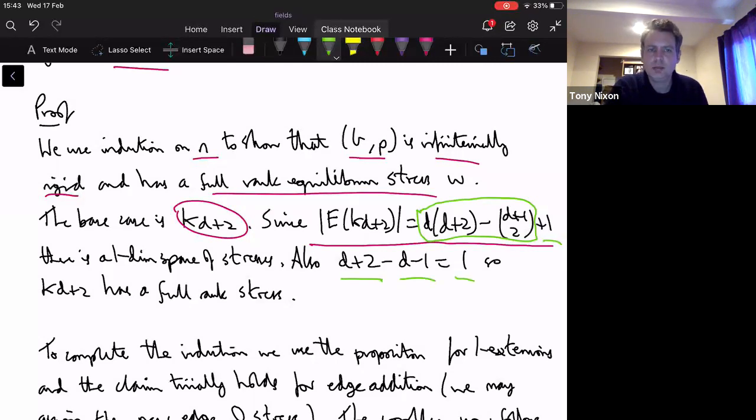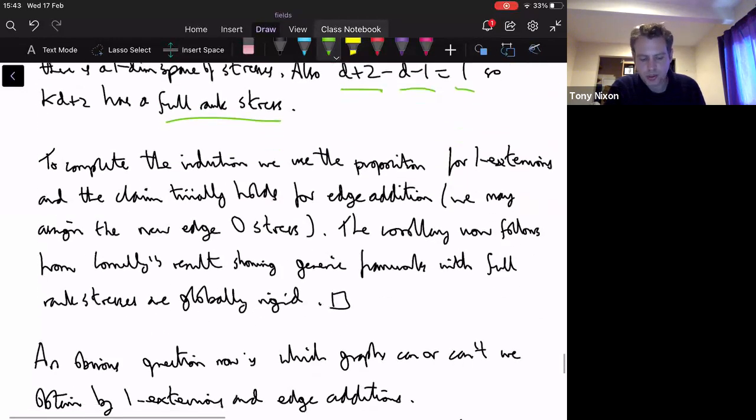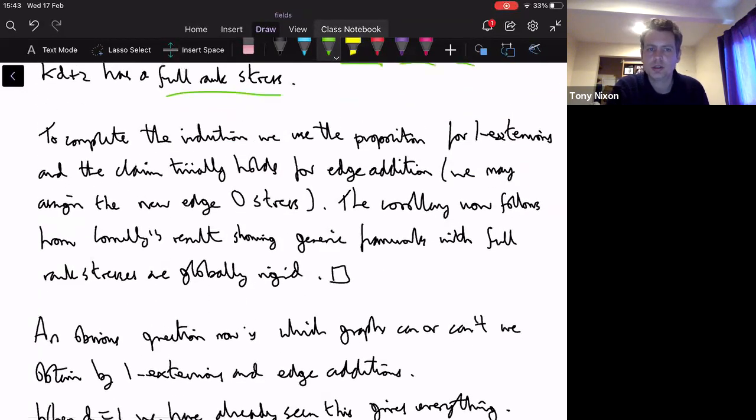So as long as K_{d+2} has an equilibrium stress with a non-zero entry in it, it'll have a non-zero row in the stress matrix, and so you will have got the full rank you want. So this bit is easy. And then we use the proposition to complete the induction. So every graph generated by one extensions, we know from the proposition will have a full rank stress generically, and hence we'll be happy. So the only thing we have to do is worry about edge additions.